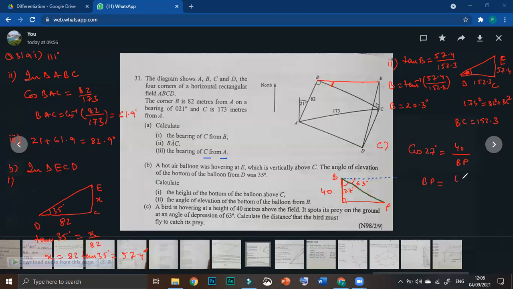BP is equal to 40 over cos 27. What is the final answer? 44.89. Okay, this one is the distance the bird has to travel to catch the prey. Okay, is there any question?